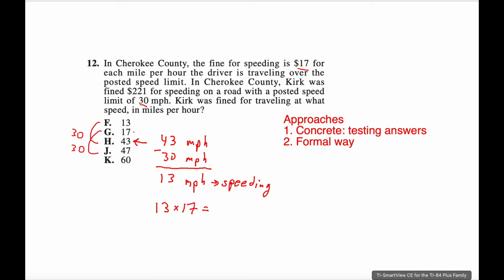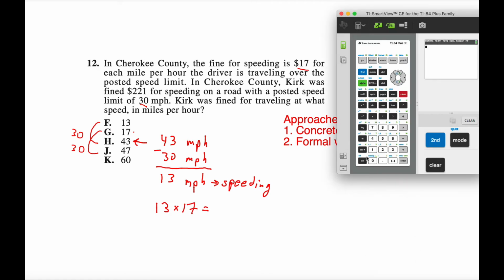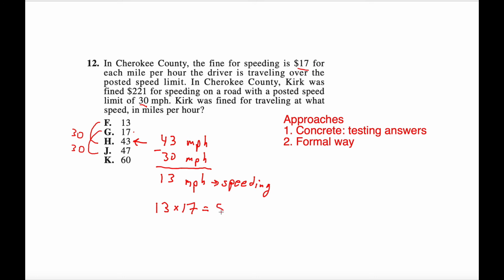Pulling up my calculator here, 13 times 17 is 221. So this will be the amount that he is charged, and as it turns out, he was in fact fined $221. So this works in the context of the question, and this is going to be correct.